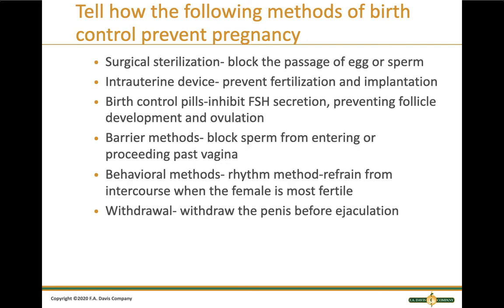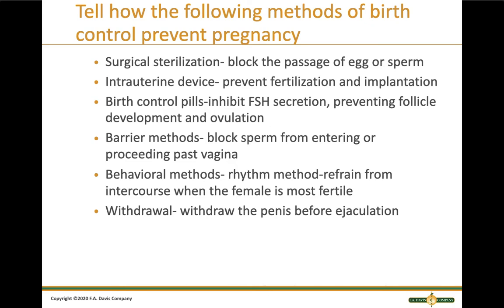If that can't happen, you can't get pregnant. Birth control pills or hormonal methods inhibit FSH secretion. They make your body think it's pregnant. So if that's not secreted, the follicle's not going to develop and you're not going to have ovulation. Barrier methods such as condoms block sperm from entering or proceeding past the vagina. And if it can't do that, it can't fertilize an egg.